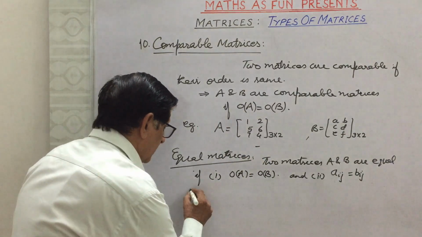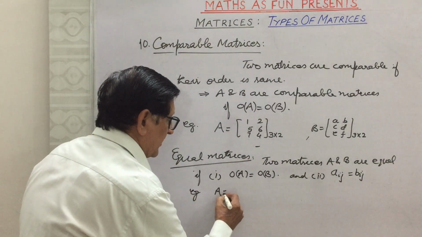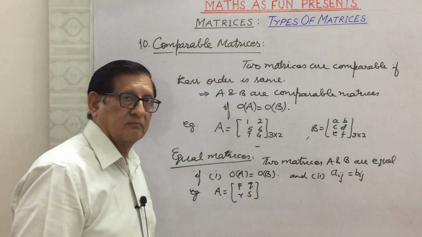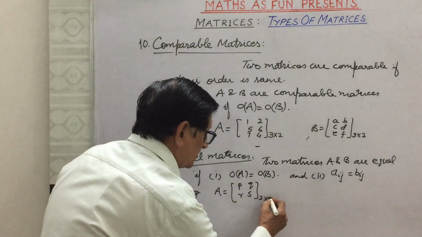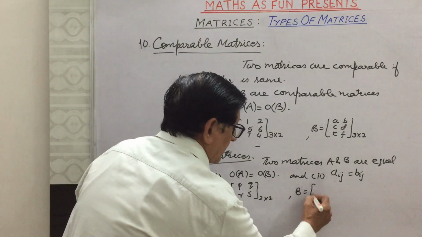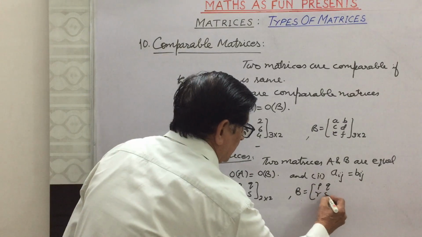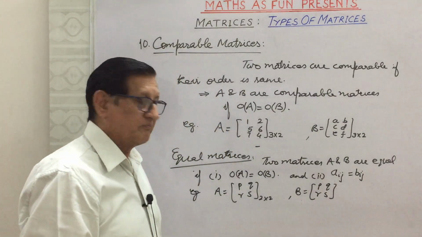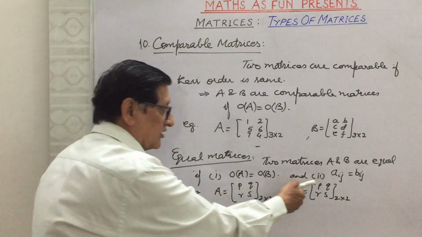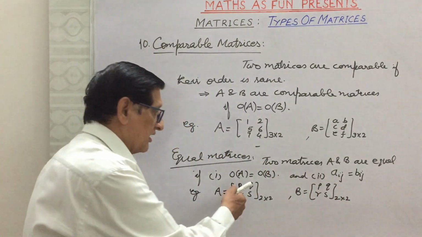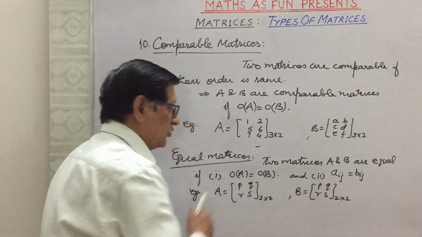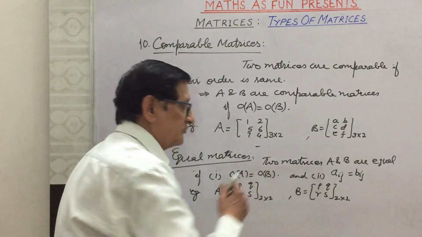For example, we have two matrices, A as P, Q, R, S. The order of this is 2 into 2. Another is B. In this also the elements are P, Q, R, S. The order of this is also 2 into 2, and we find here A11 is the same as B11, A12 is the same as B12, A21 is the same as B21, A22 is the same as B22.